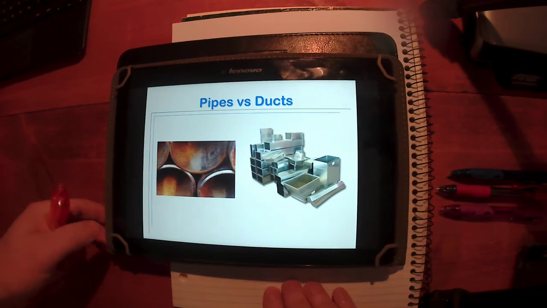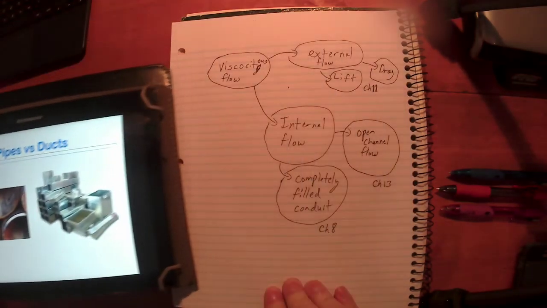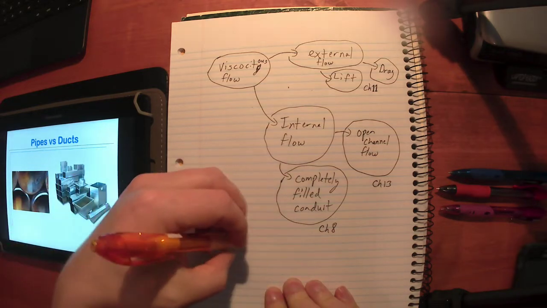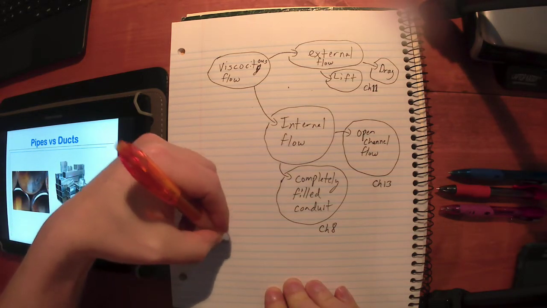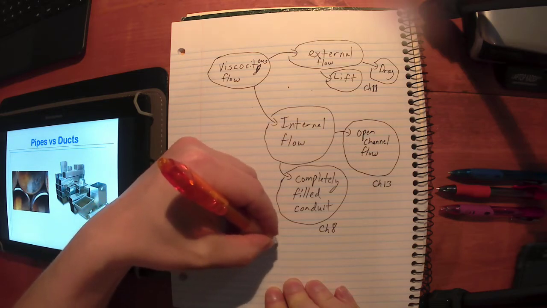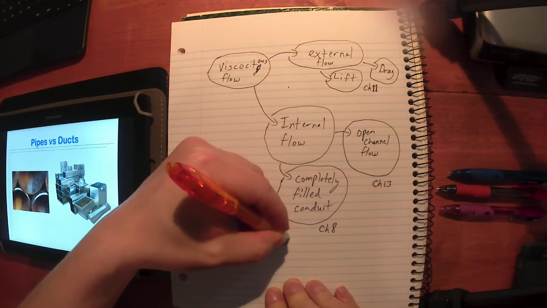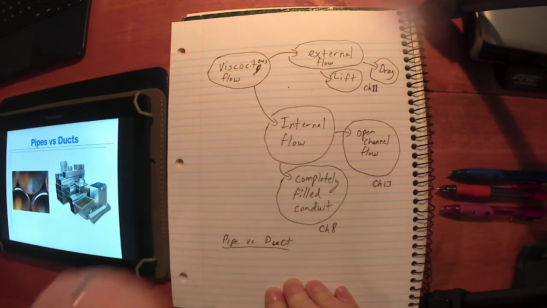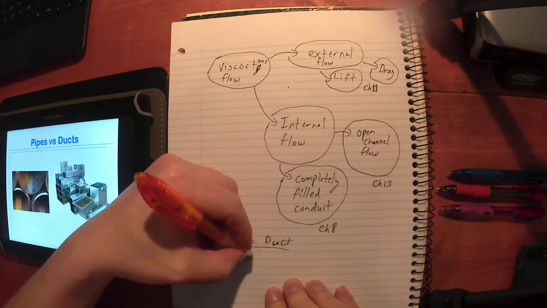And the truth is, I don't know how much it matters. For our purposes in this class, it really doesn't matter whether it's a pipe or if it's a duct. And so we talk about pipe versus a duct. How much does it really matter? Well, they're both conduits.